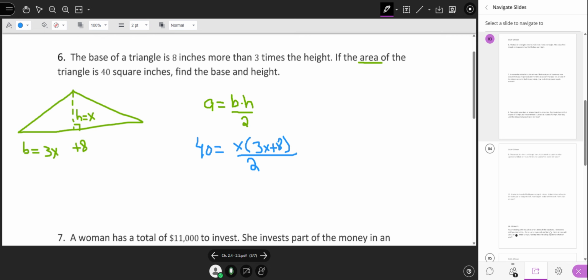Throw the negative away. Now, that x is your height. So now I put 4 in here. And Mr. Goodbuddy tells me this is 20.